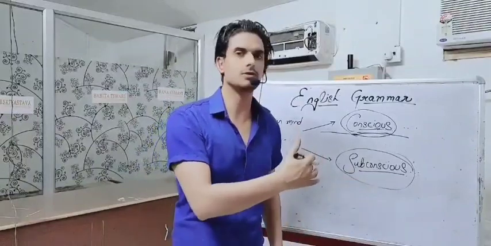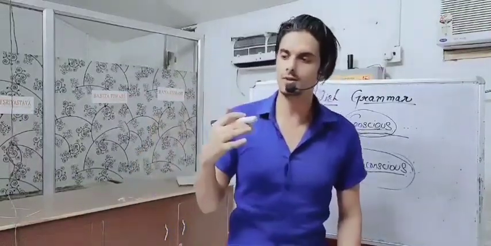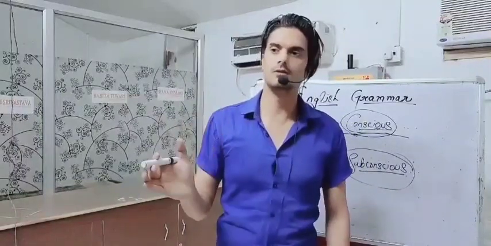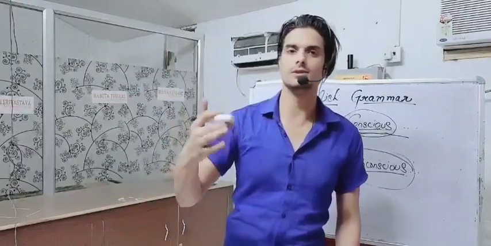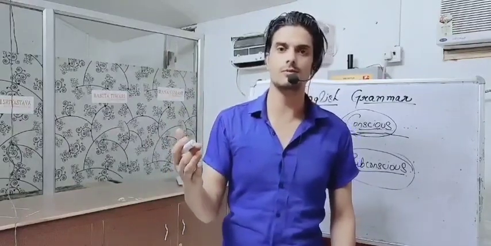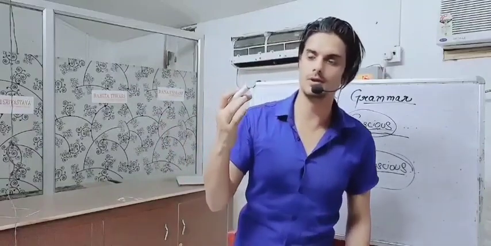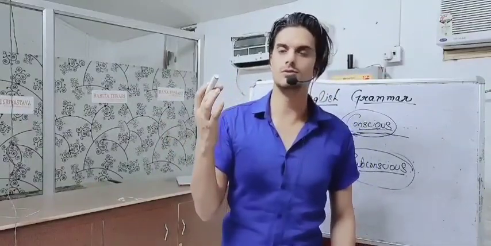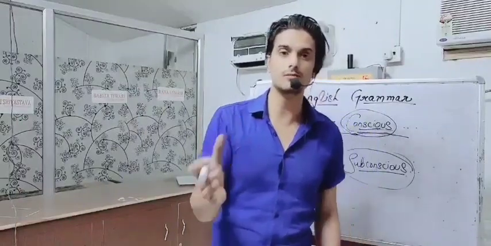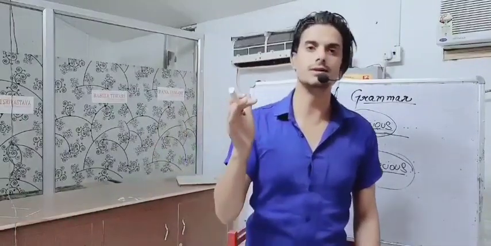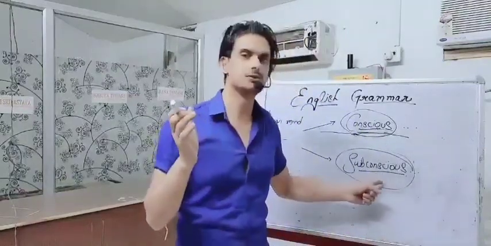So when the subconscious mind comes into play later, when you need to remember, if you lost something, or if you need to exchange something that you bought from the shop, from the market, you will try to remember what was the name of the store, and what was the name of the street, what was the number of the shop. You tend to think about it, and that is when this comes into play.